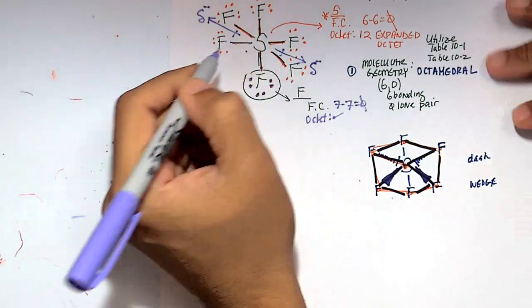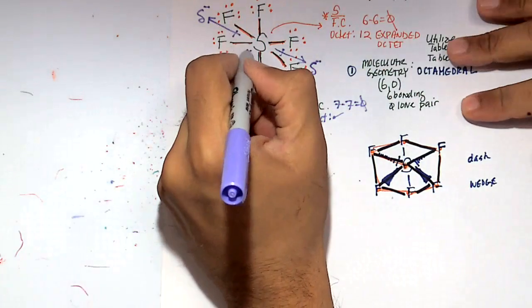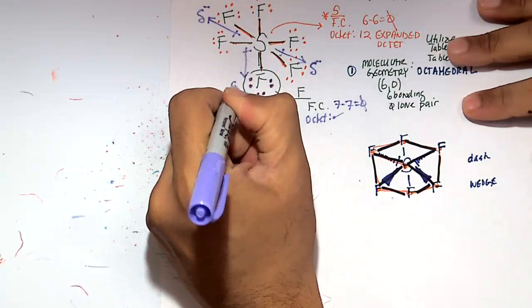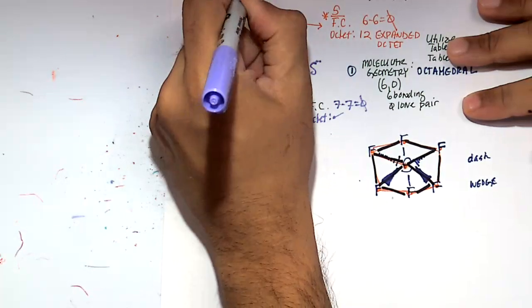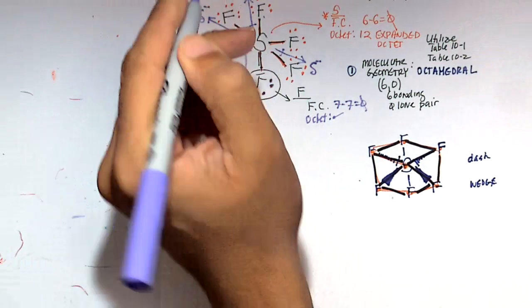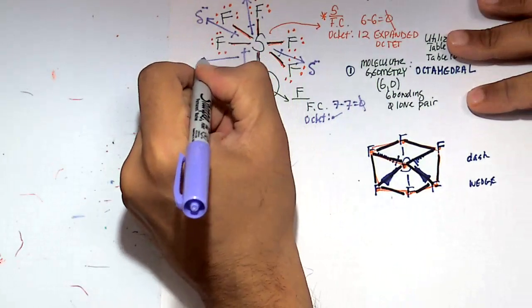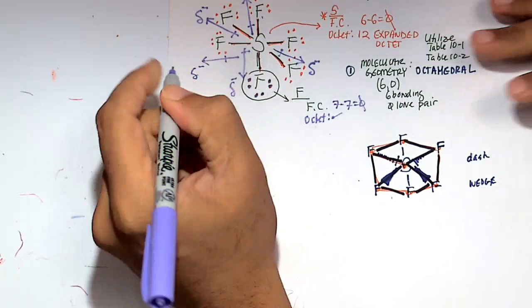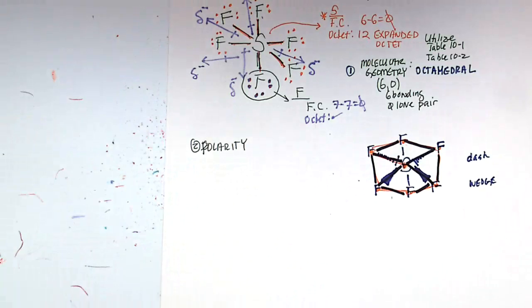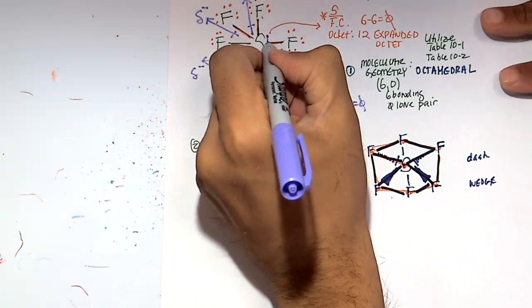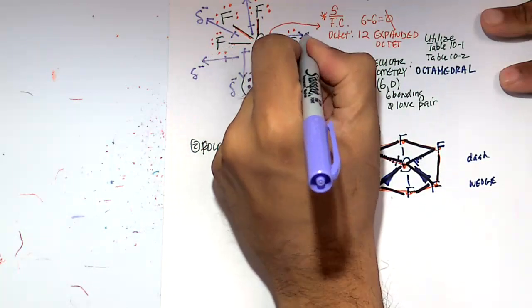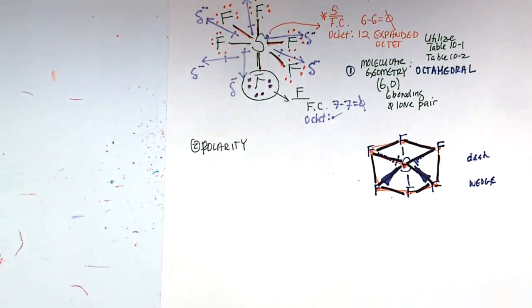This is going to be canceled out by the pull of the fluorine in the opposite direction. This fluorine down is pulling this way. This fluorine up is pulling the opposite way. This fluorine here is pulling this way, and this fluorine on the other side is pulling the opposite way.